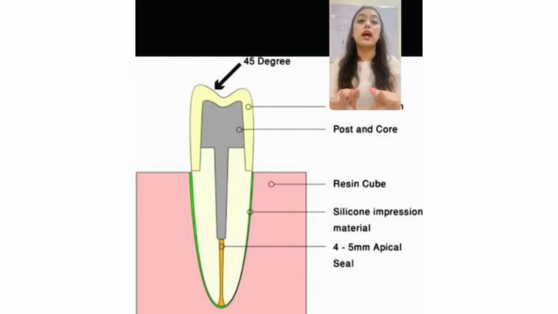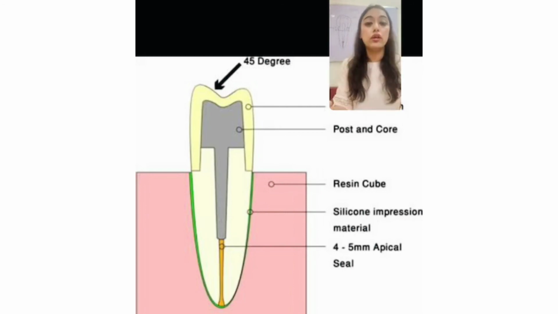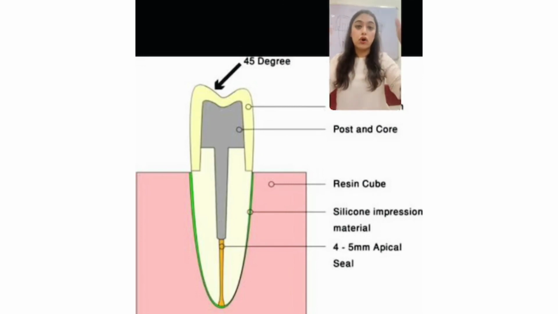Now, as I have already discussed ferrule, then what is ferrule effect? Ferrule and ferrule effect are two separate things. Ferrule is the 360-degree collar of metal or ceramic around your post and core. It's actually the margin at which your crown is being placed, and the crown metal or ceramic margins that cover the entire assembly of post and core. Now what exactly is ferrule effect?